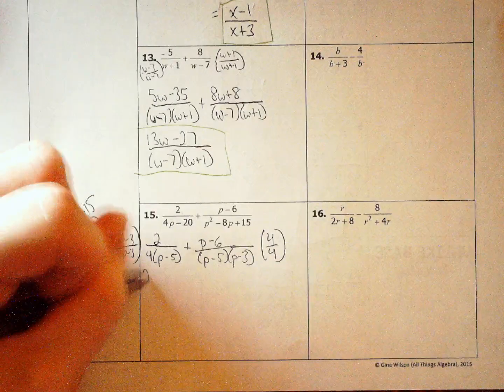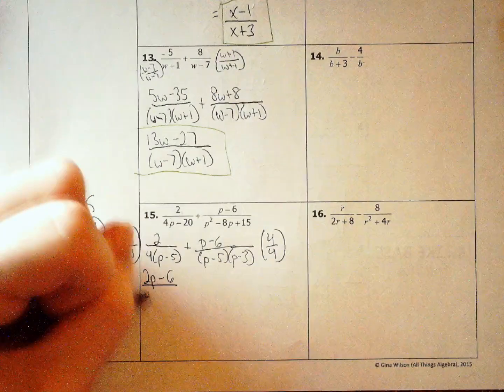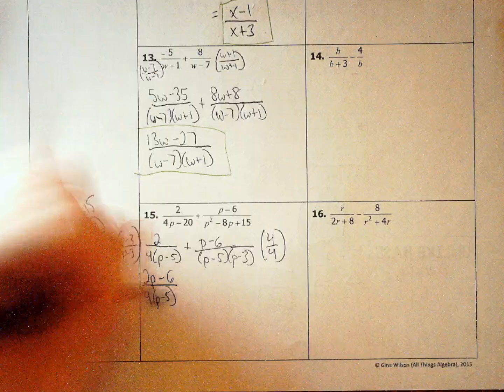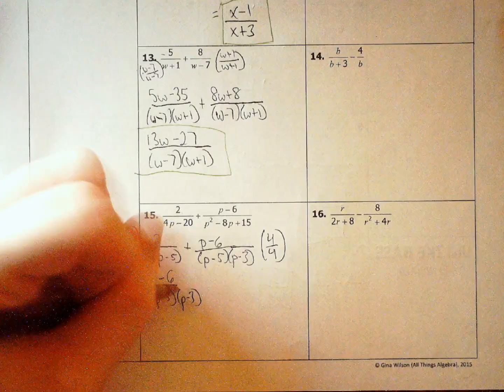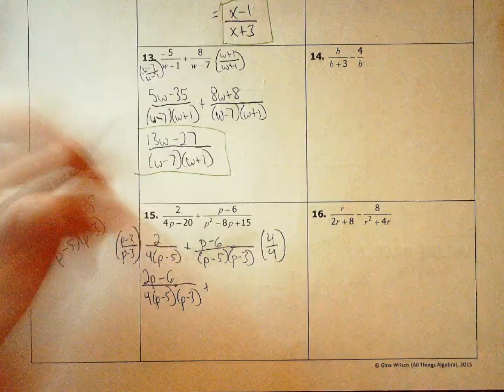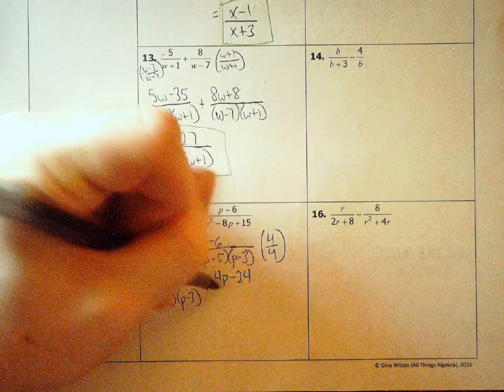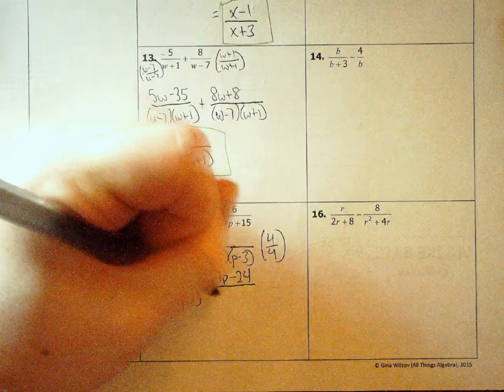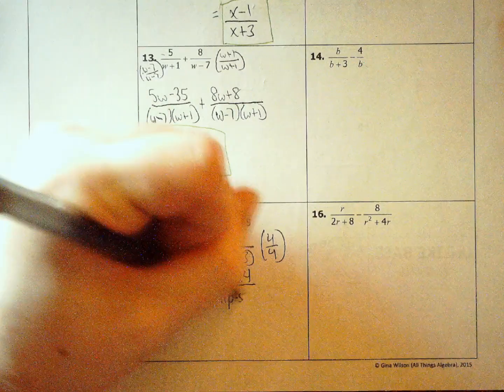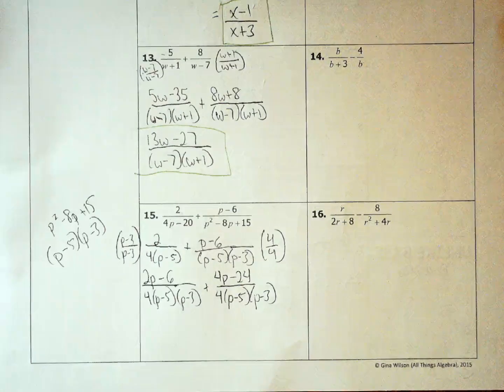P minus 3 times 2 is 2p minus 6 over 4 times p minus 5 times p minus 3, plus p minus 6 times 4 is 4p minus 24 divided by 4 times p minus 5 times p minus 3.